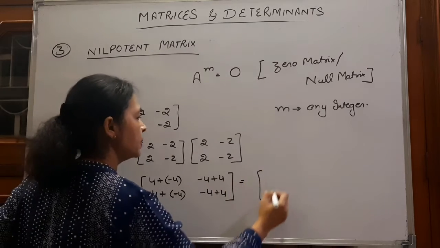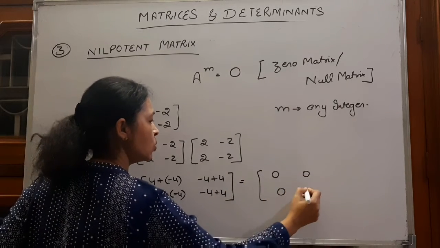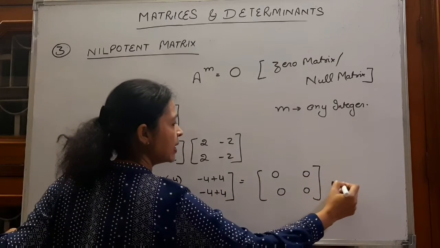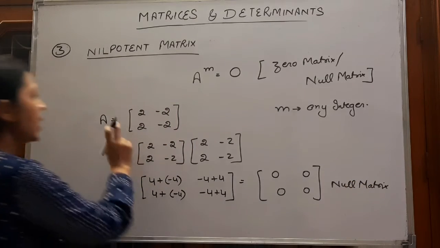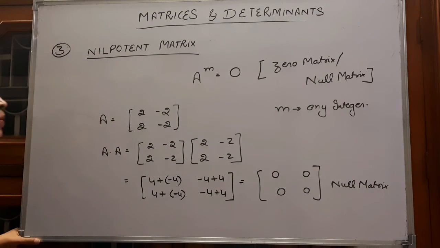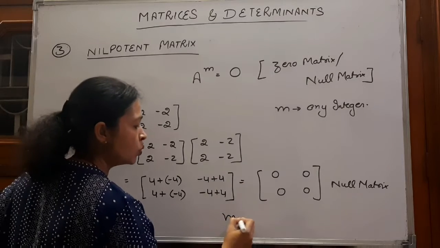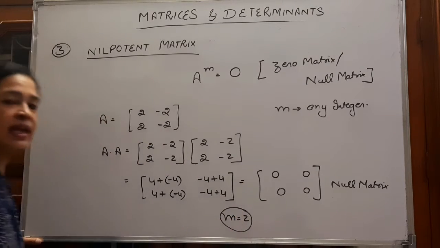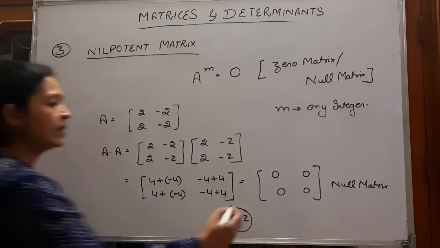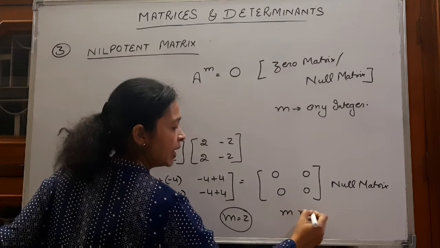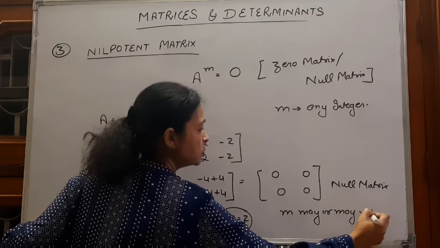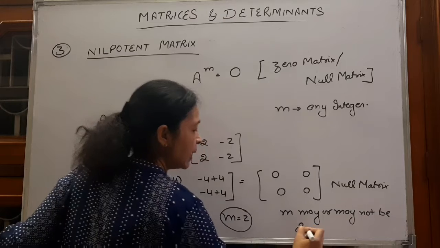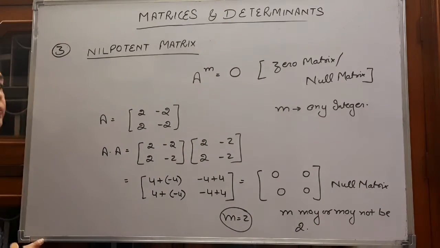What do we get? 0, 0, 0, 0. This is a null matrix. So, A is a nilpotent matrix with m equals to 2. In this case, m is equal to 2, but m may or may not be 2. m can be any integer.